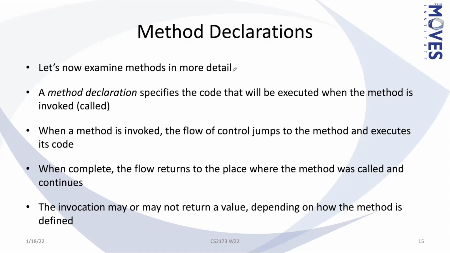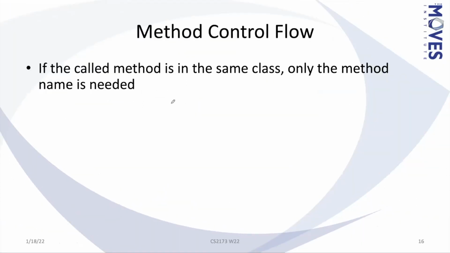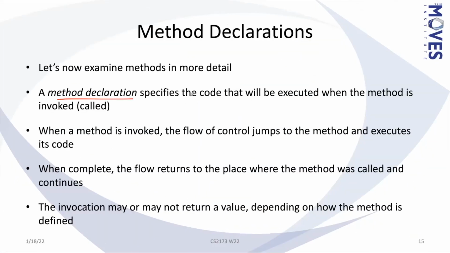Okay, so the method declaration: when you are the author, when you are the programmer, it's up to you to decide which instance variables there are. It's up to you to decide which methods are going to be invoked in order to do stuff.